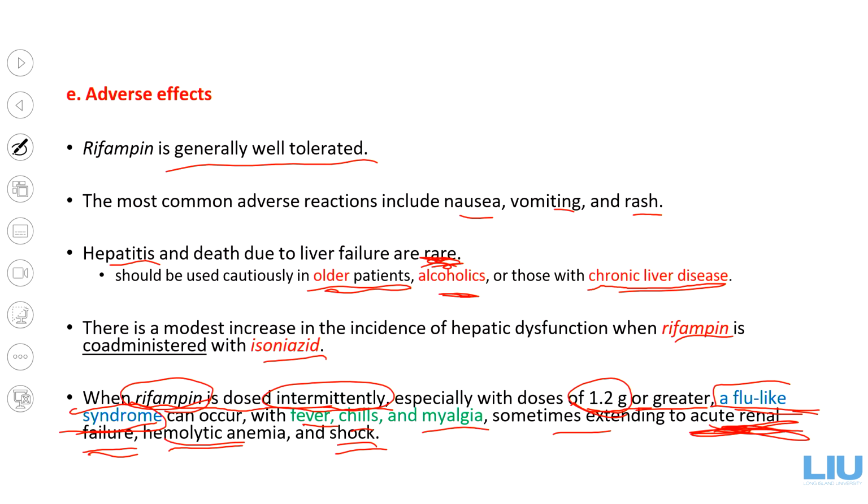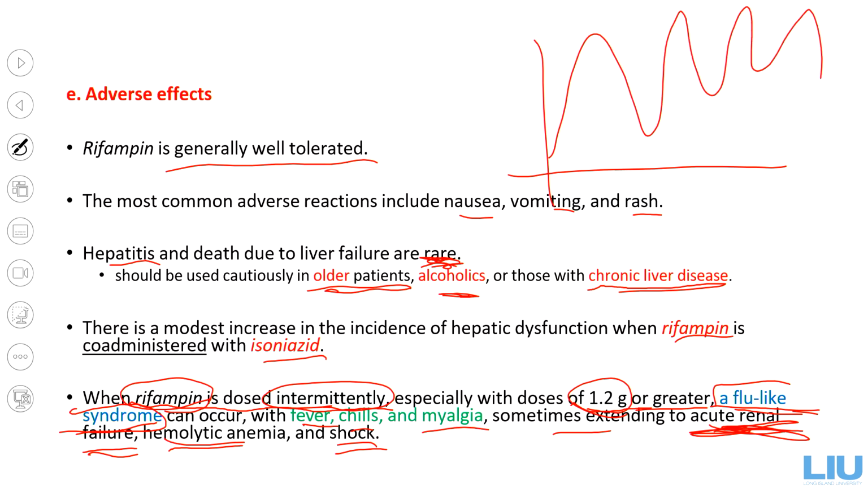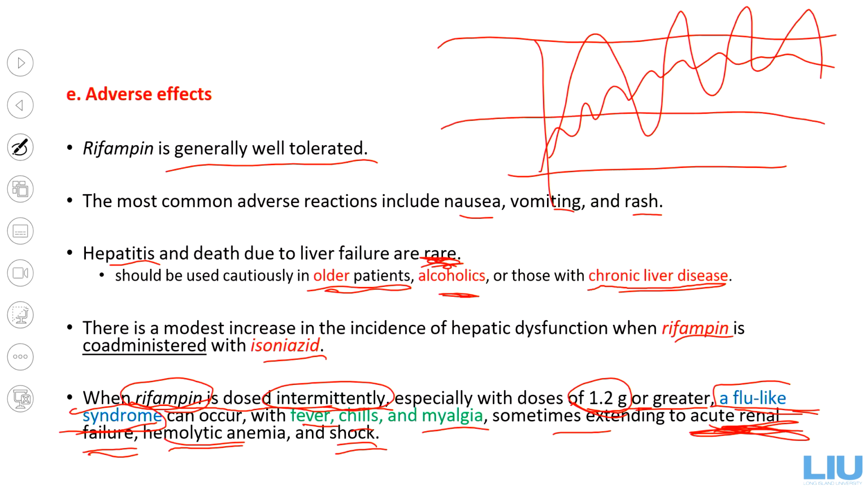Because then, instead of the drug fluctuating like that, it could just fluctuate this way, and it would be within the therapeutic range. If this is the minimal effective concentration and this is the minimum toxic concentration, when you give it frequently in smaller amounts, then the drug stays within this range. Make sense? Okay. So far so good?